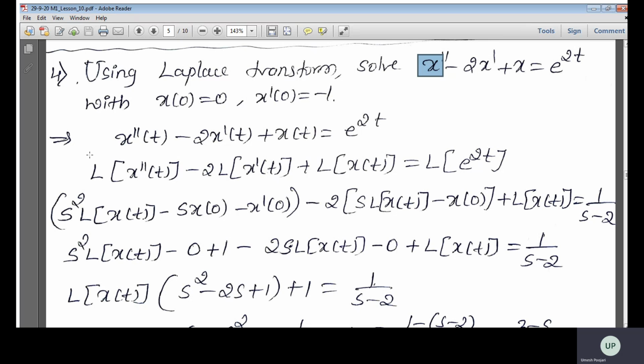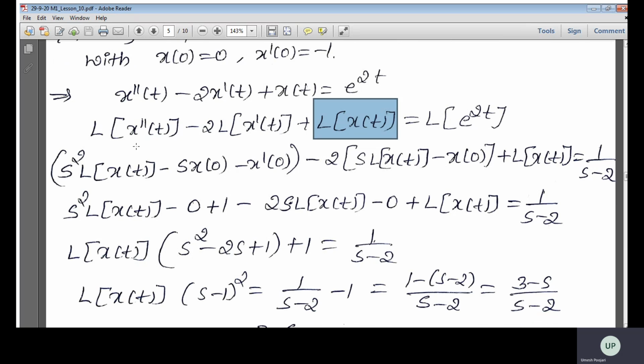That is, L of x double dash of t minus 2 into L of x dash of t plus L of x of t equal to L of e power 2t. Then use the formula. We have the formula L of y double dash of t is s square L of y of t minus s into y of 0 minus y dash of 0.